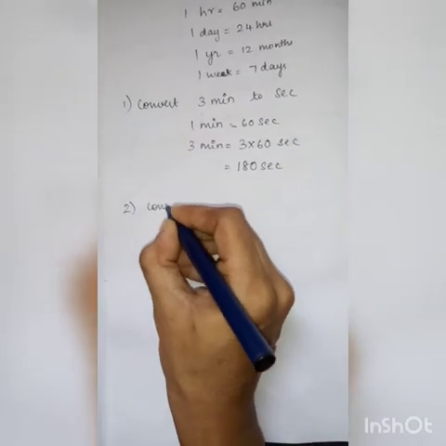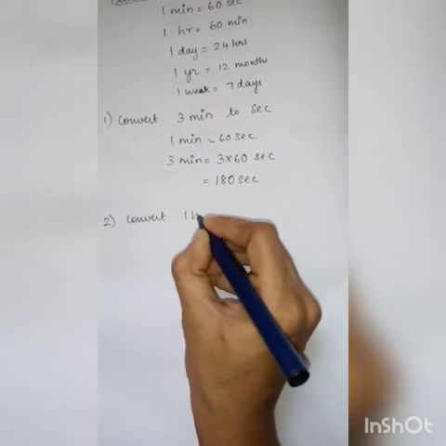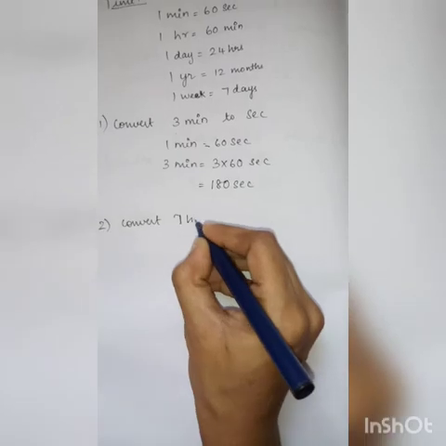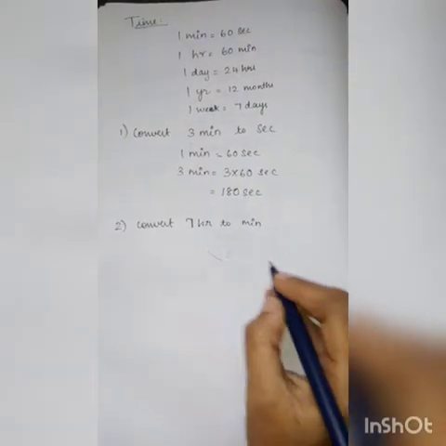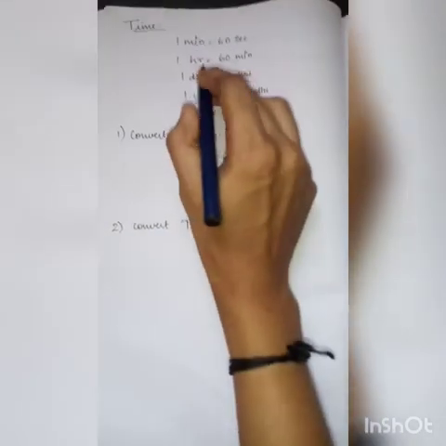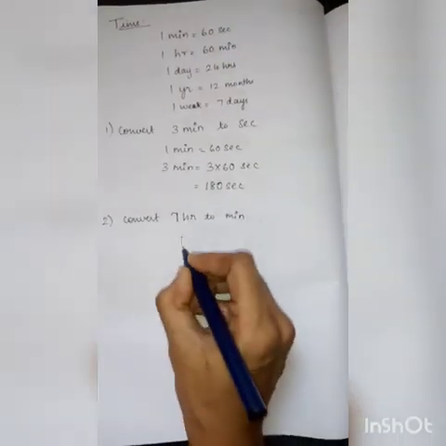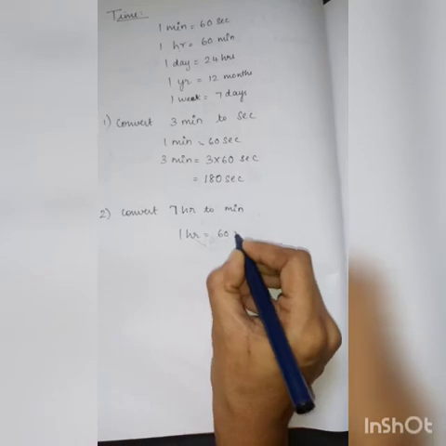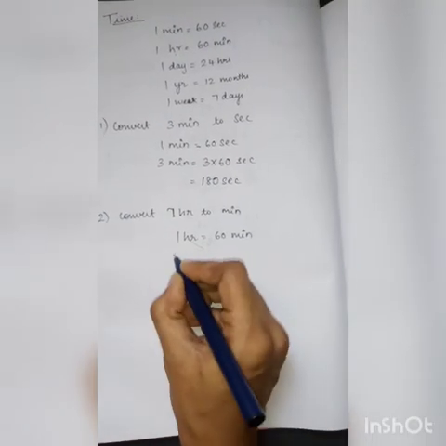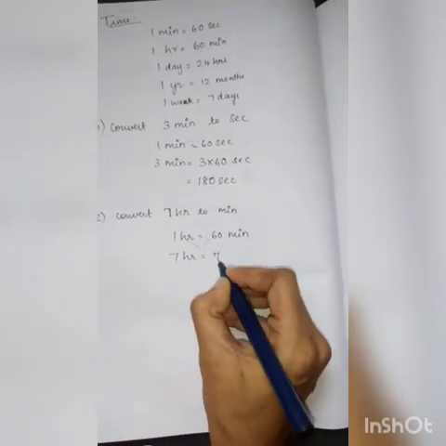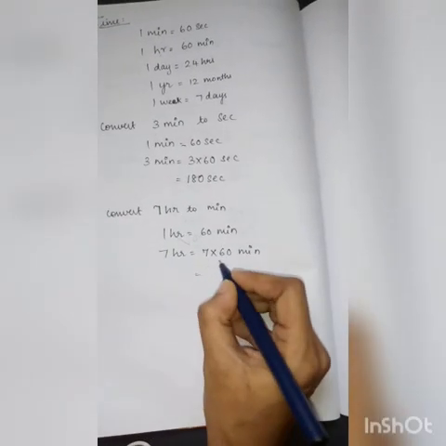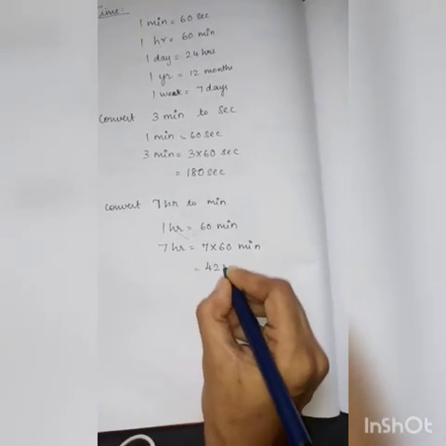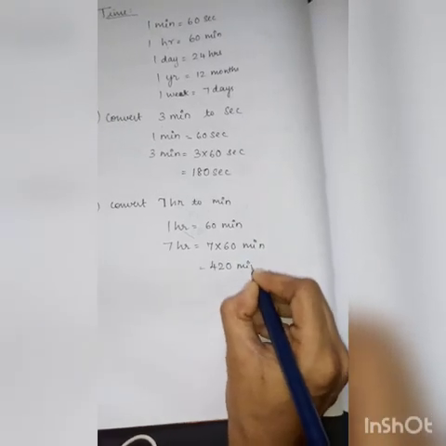Next, we have to convert 7 hours to minutes. Now, what is the formula for hour and minute? 1 hour equal to 60 minutes. So, 7 hours equal to 7 into 60 minutes. So, 7 6s are 42, then 0 minutes.